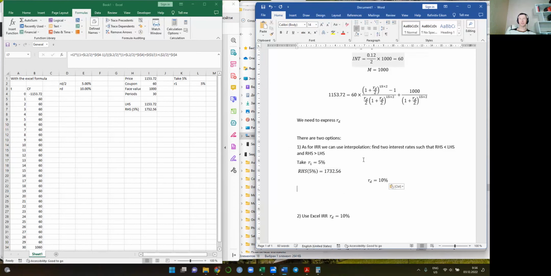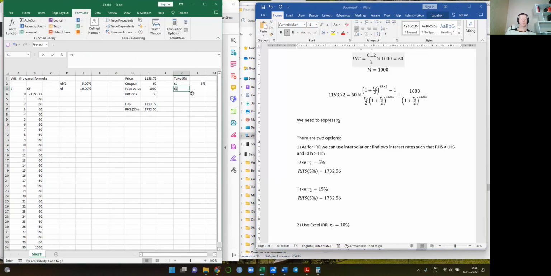Okay, so we need to take another interest rate which would give us the opposite situation. Right-hand side is less than left-hand side. So we need to take some huge, for example, 15%. R2 is 15%.